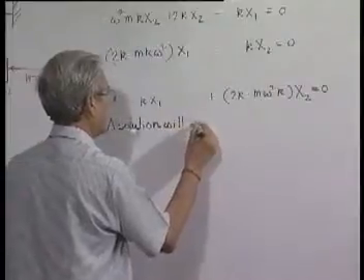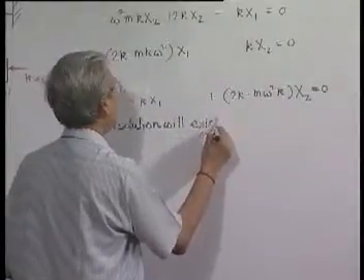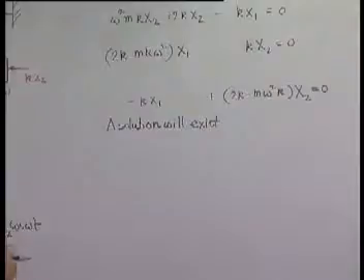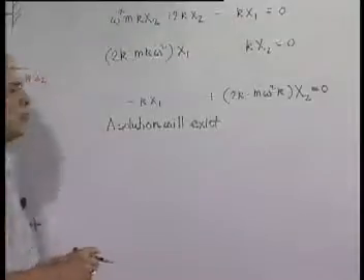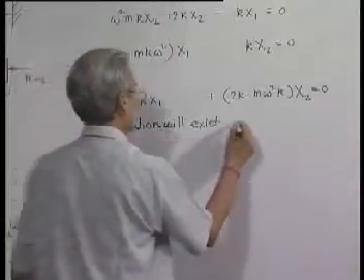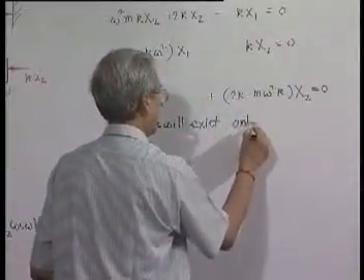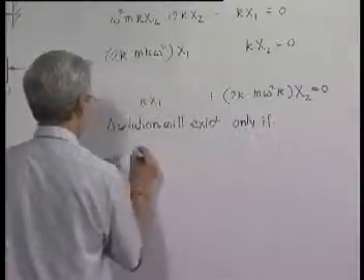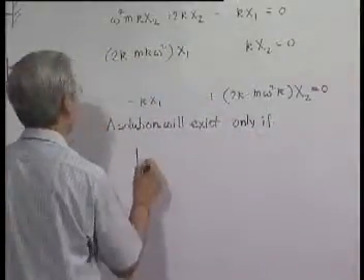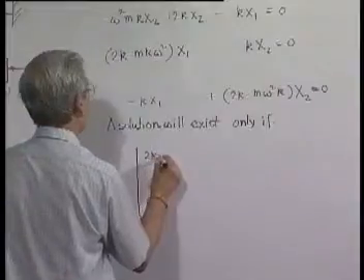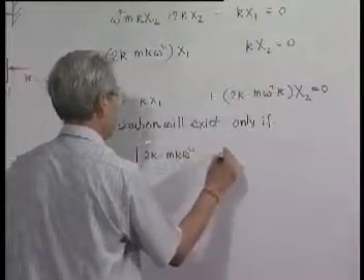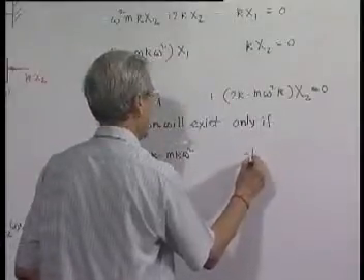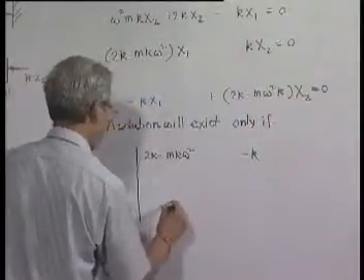So we get, in place of differential equations, a set of algebraic equations, and both are homogeneous. So therefore, a solution will exist only when the determinant of the coefficients is 0.